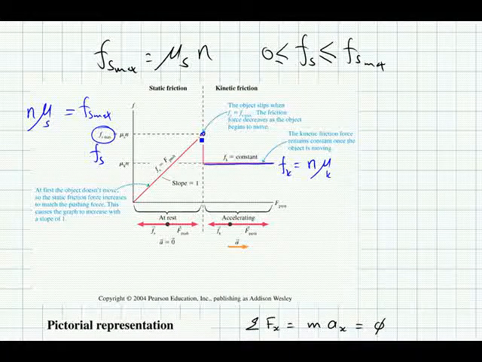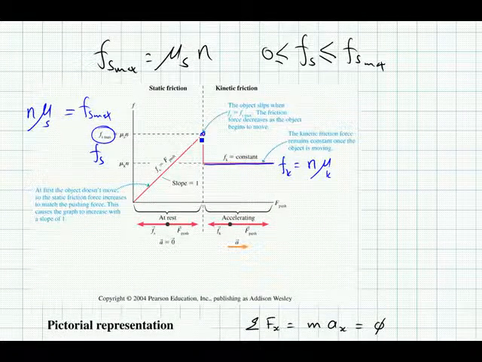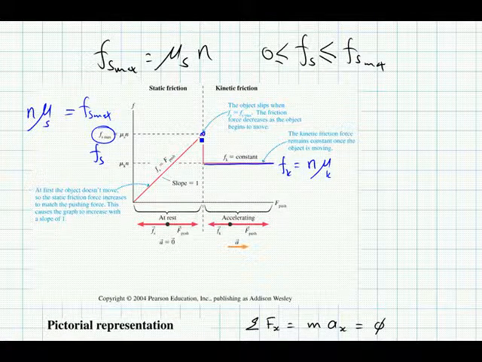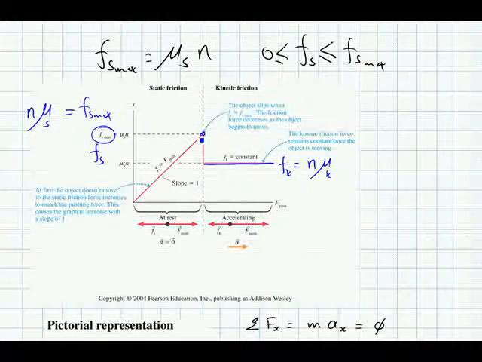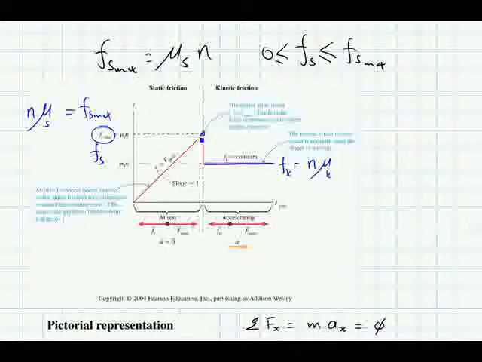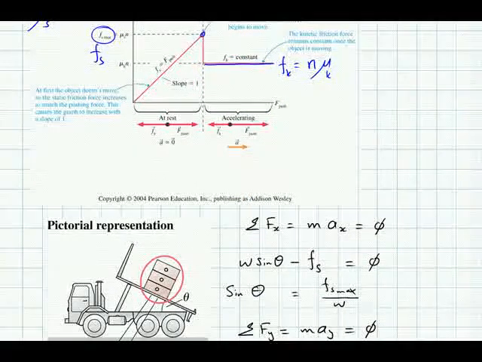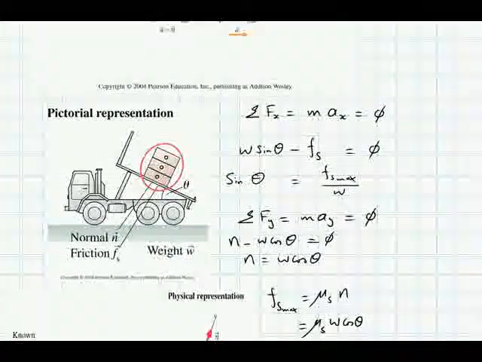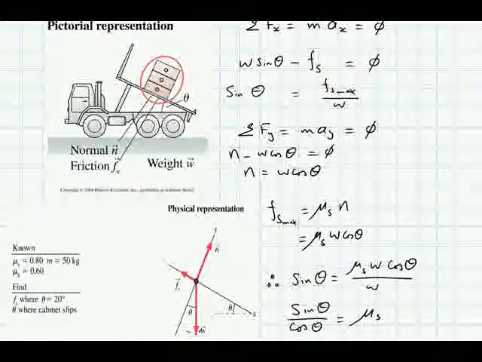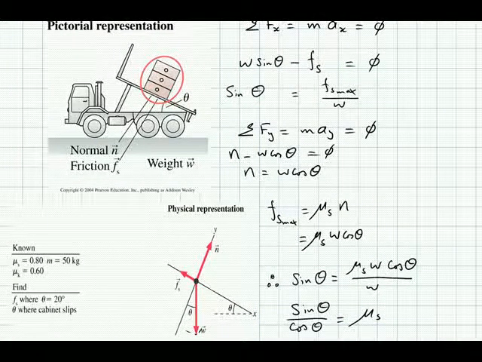Fs max is the value where the object starts to slip. So any value above Fs max would get the object accelerating. Just a recap on what we covered in the last lecture. So let's now do an example involving friction.